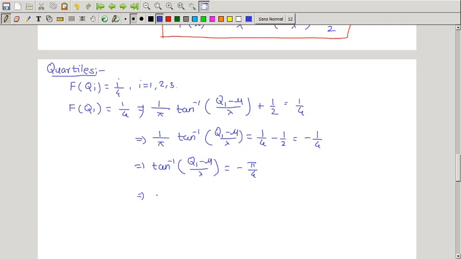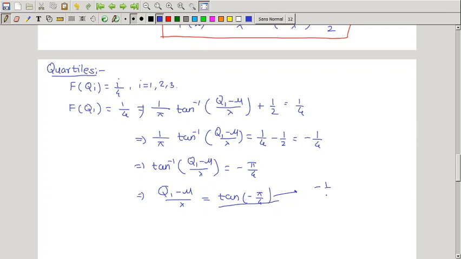Taking the tan, we get q1 minus mu upon lambda is equal to tan of minus pi by 4, and we know that tan of minus pi by 4 is nothing but minus 1.